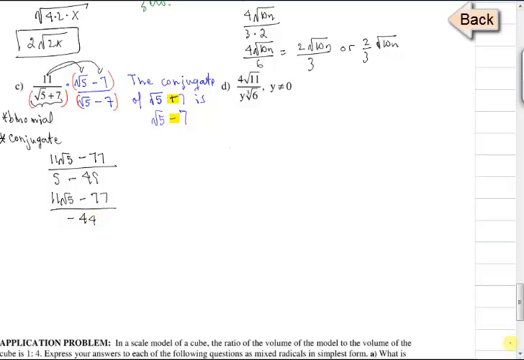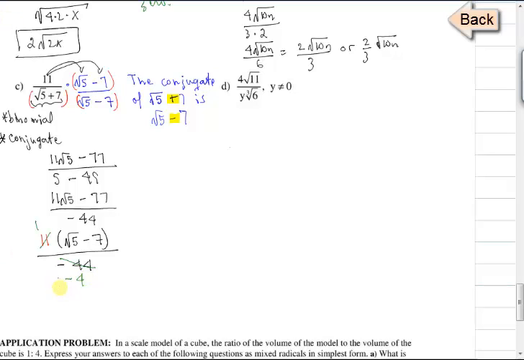Okay, so you should note now that I have a common factor in my numerator that I can reduce with my denominator. So my common factor in my numerator is 11. And I am left with root 5 minus 7 in the numerator. And I have 44 in my denominator, and so I can simplify, right? 11 goes into 11 once, 11 goes into negative 44 negative 4 times.